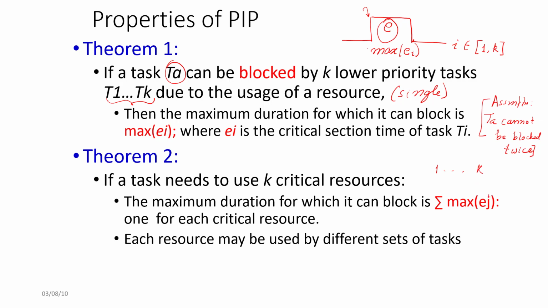Let us use a different iterator here, J, referring to the resource number, and let max EJ be the longest execution time for a task whose priority is less than TA and which is interested in resource J. If we add these up for every single resource, this gives you the blocking time for task TA.